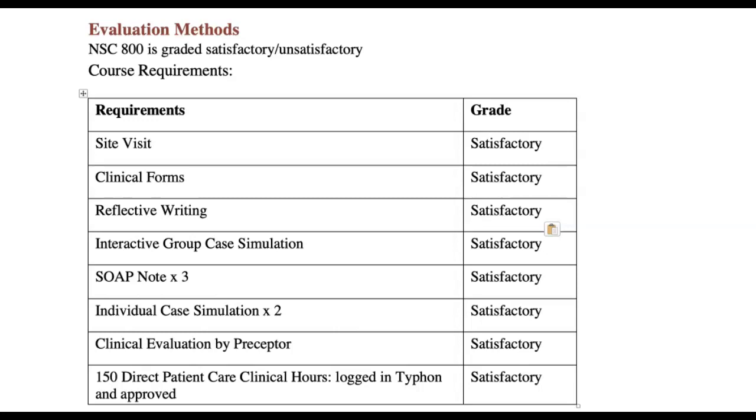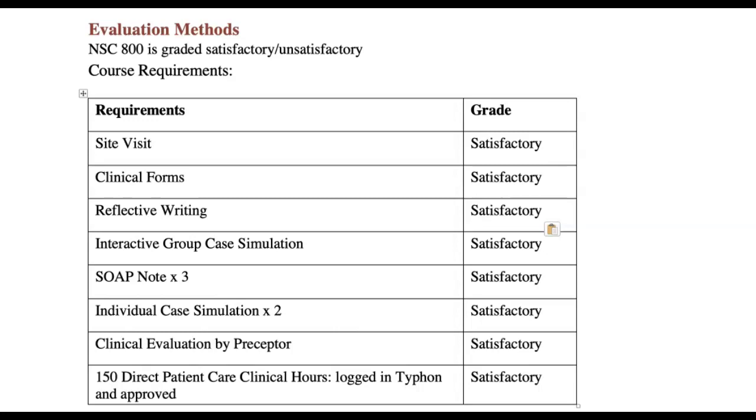You will do a SOAP note write-up on the interactive sim and both the individuals. So there's a total of 3 SOAP notes, and a satisfactory evaluation from your preceptor at midterm and upon completion of your hours and completing 150 hours of direct patient care.